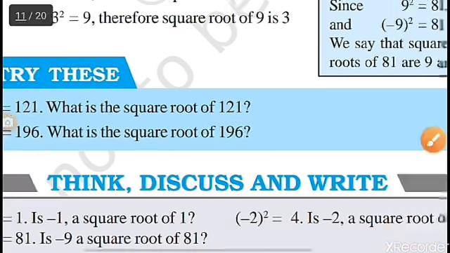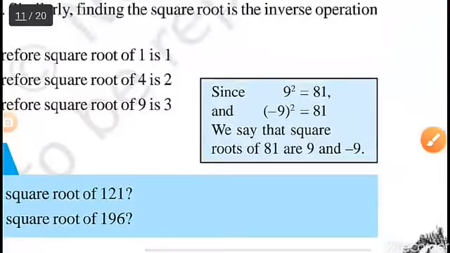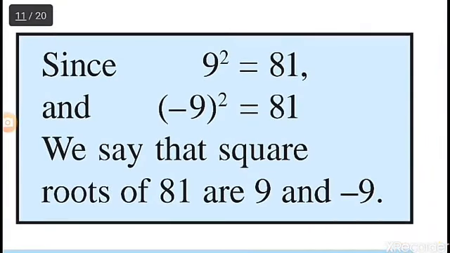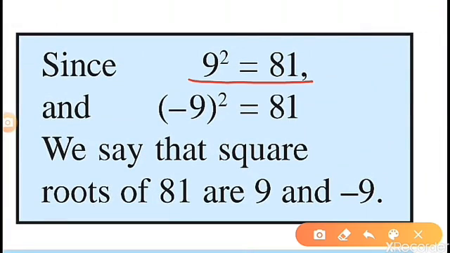Now we have another confusion over here. We know that 9 square is 81 and also minus 9 square is 81. How? Minus 9 multiplied by minus 9 gives 81, since minus into minus is plus.